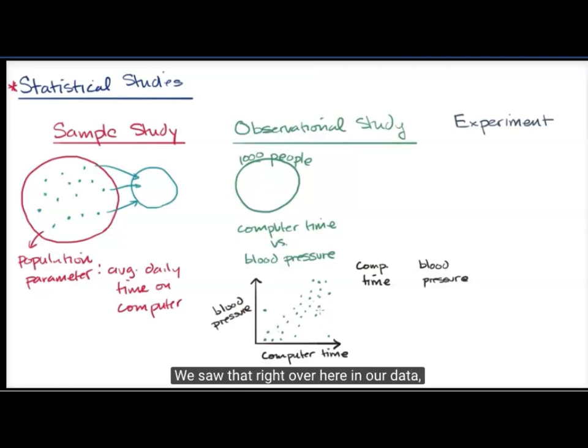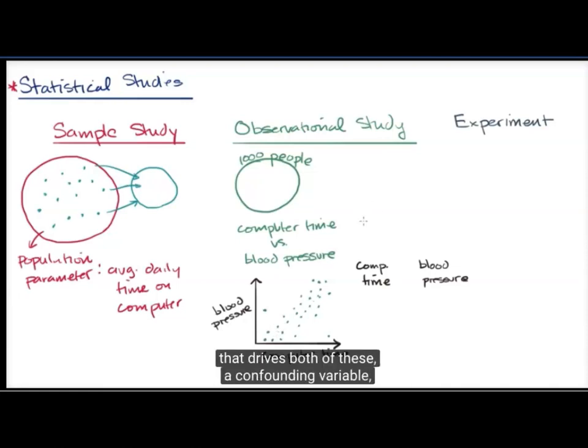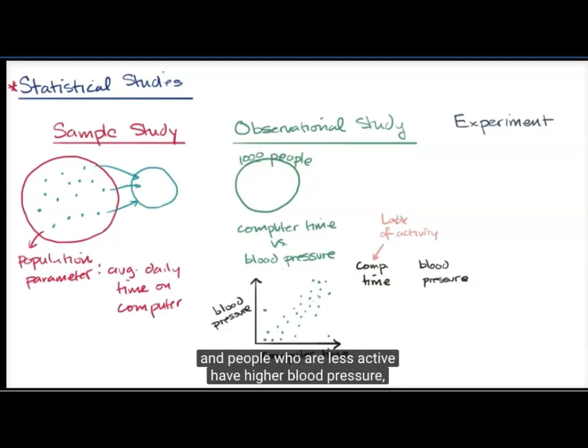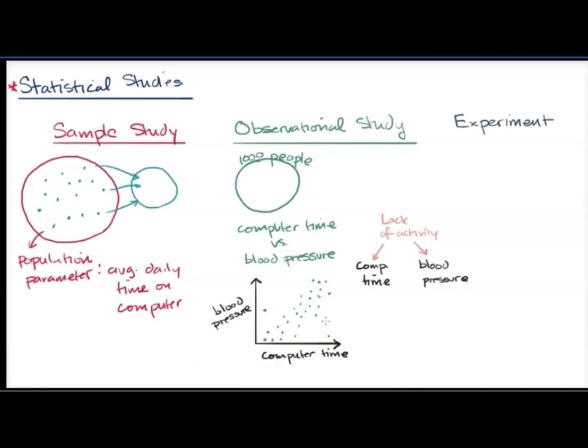We saw that right over here in our data. But there could be a root variable that drives both of these, a confounding variable. That could just be the amount of physical activity someone has. So there could just be a lack of physical activity driving both. People who are less active spend more time in front of a computer, and people who are less active have higher blood pressure.